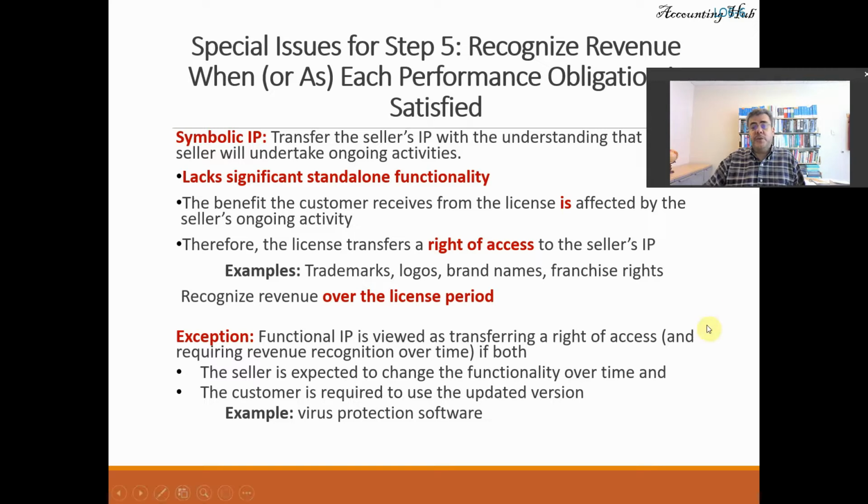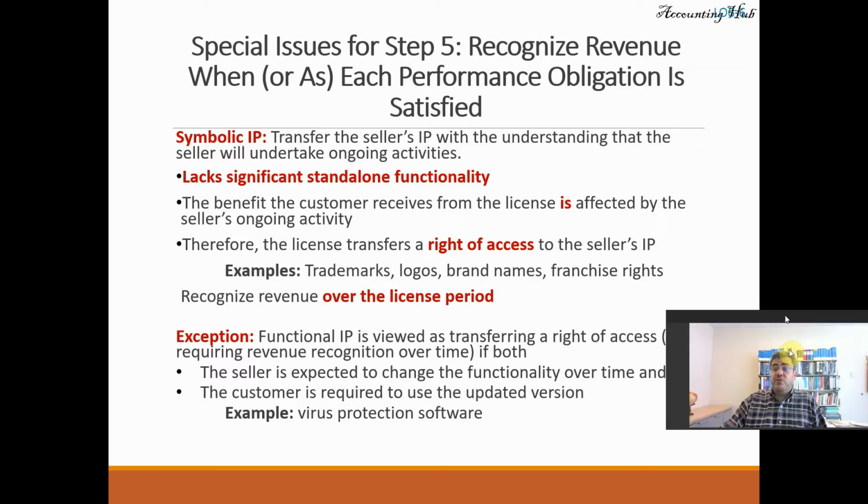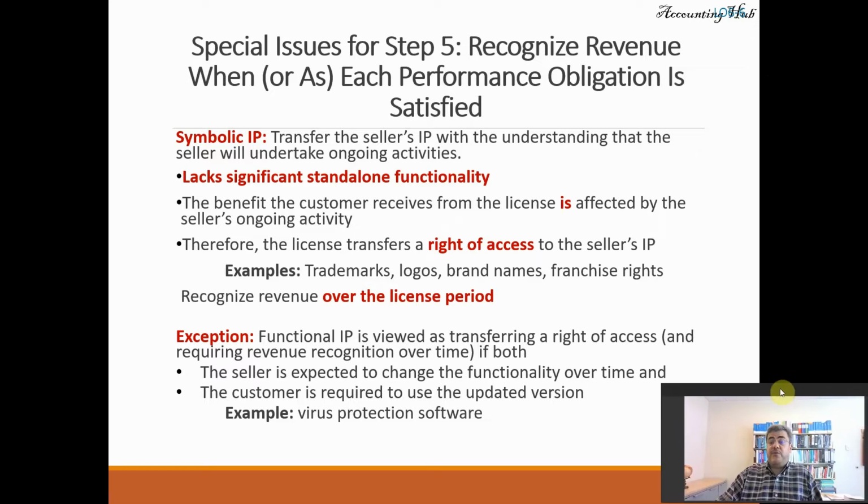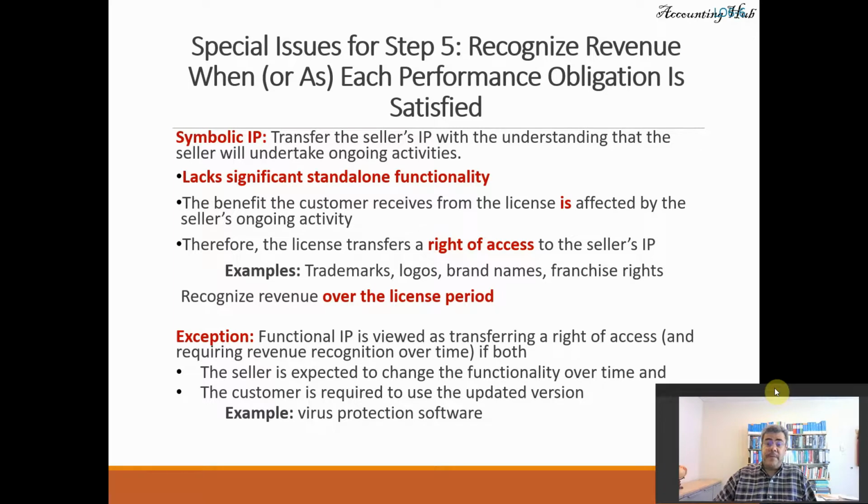For instance, virus protection software, and usually you pay for it for a period of time. So even if you purchase it, if you don't have the updated version, you cannot use it anymore. So then you recognize it over time.